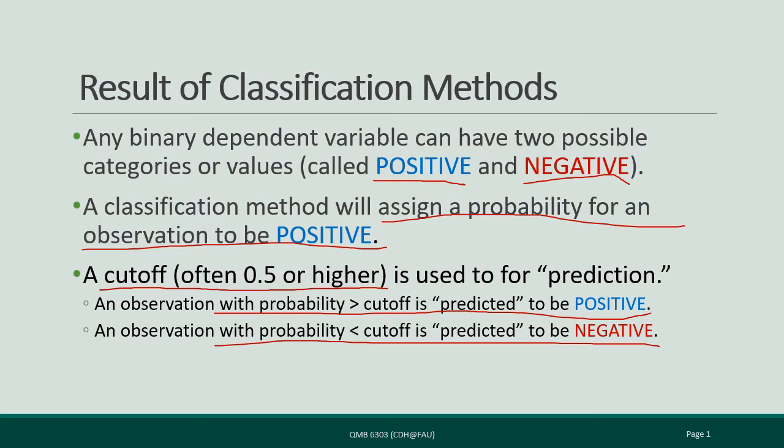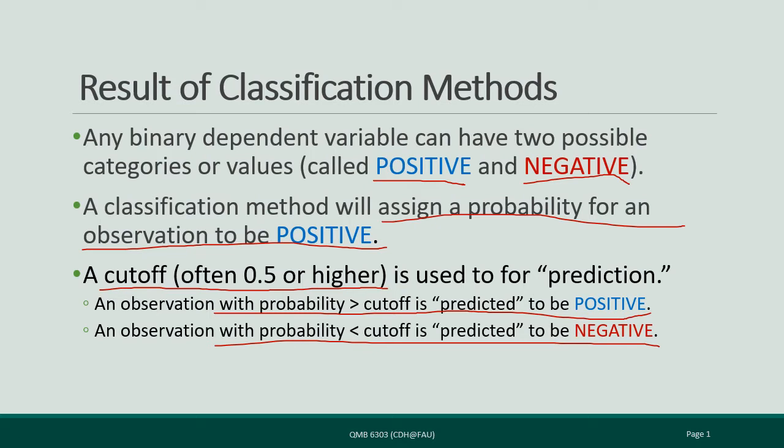So we assign that. And then the next person who walks in the door, based on his FICO score, his work history, and so on and so forth, has a probability of not defaulting of 40%. Which means that this person has a 60% chance of default.